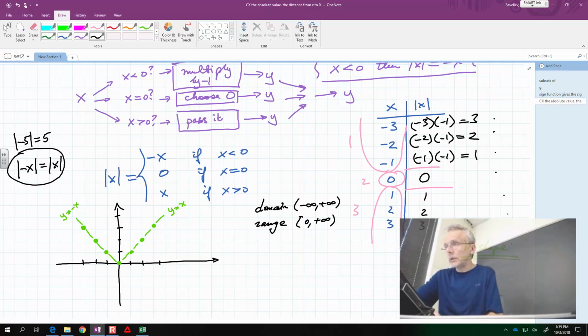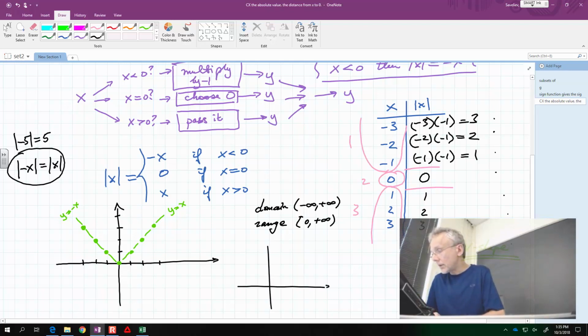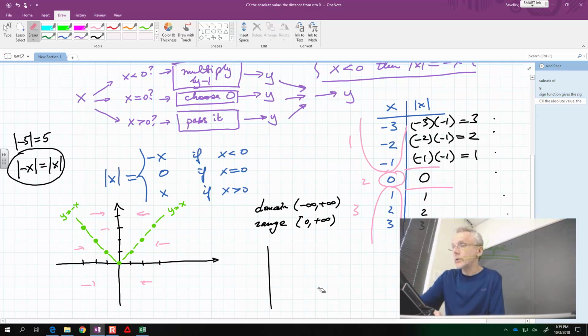Let me do it once. That operation is pushing everything gently, so the whole thing is shrunk towards the y-axis. The x-axis then becomes a point, and this is what I end up with.